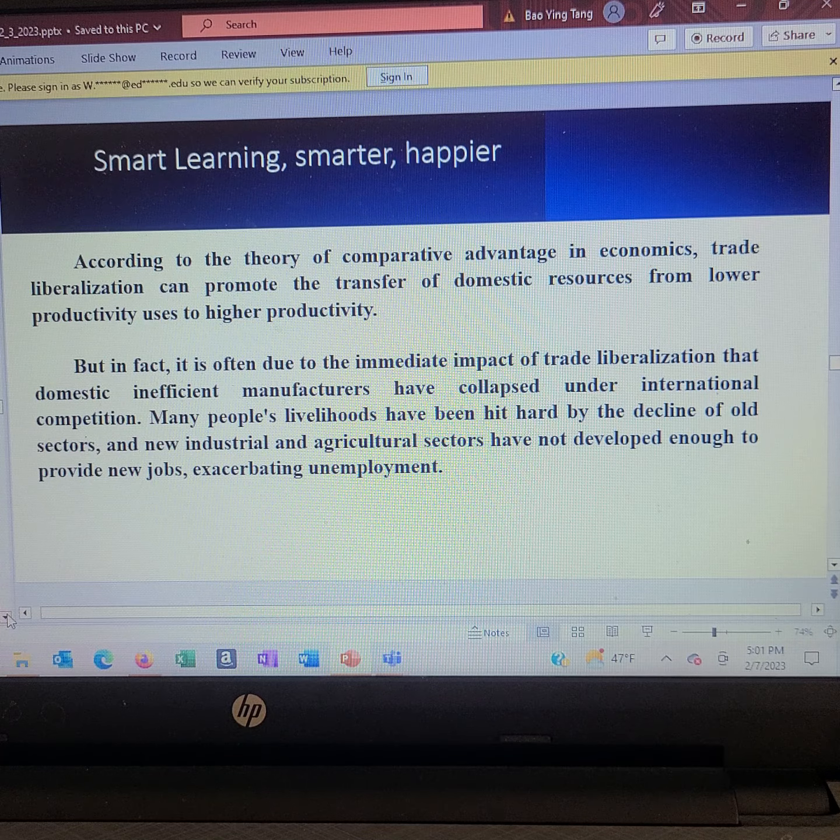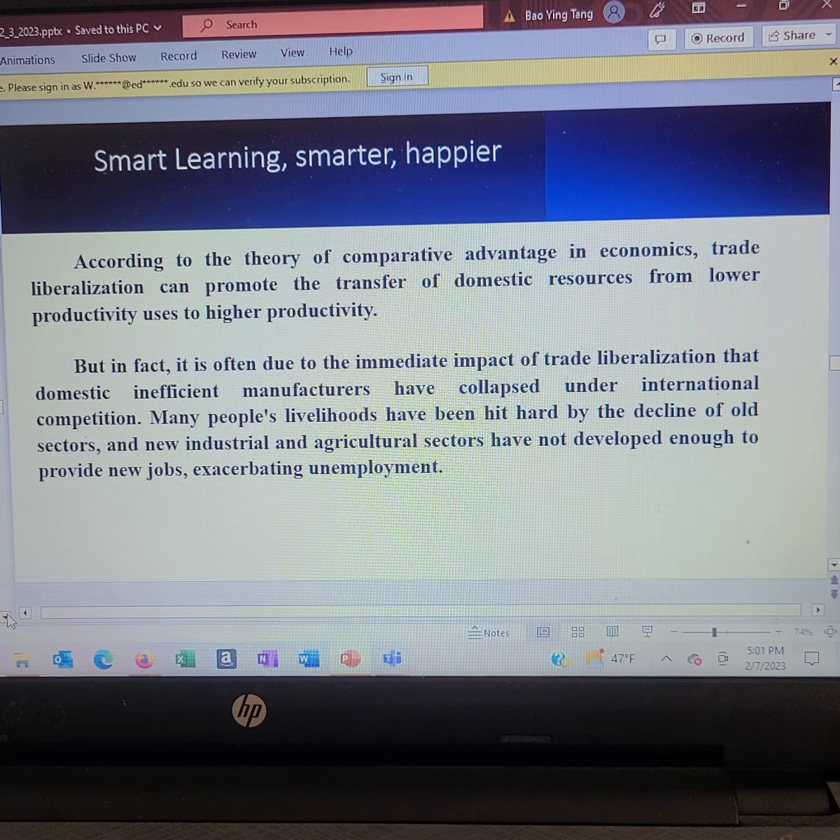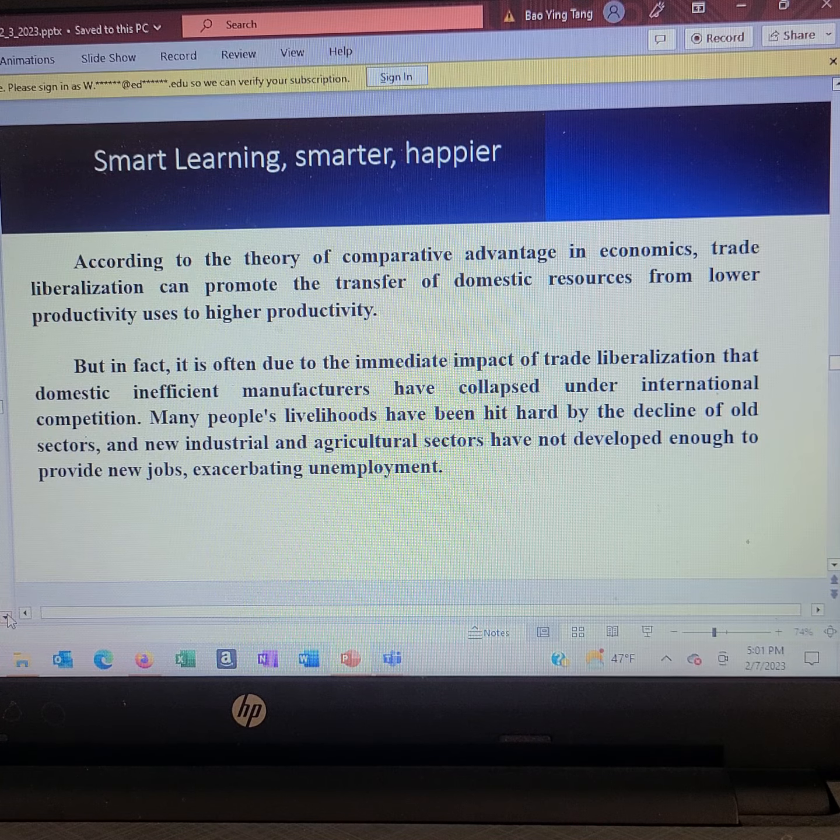Many people's livelihoods have been hit hard by the decline of old sectors, and new industrial and agricultural sectors have not developed enough to provide new jobs, exacerbating unemployment.